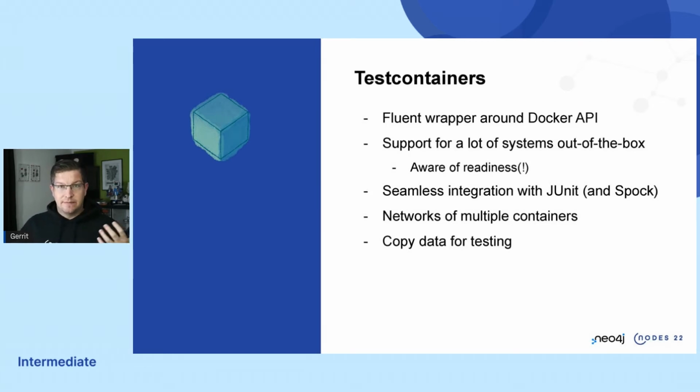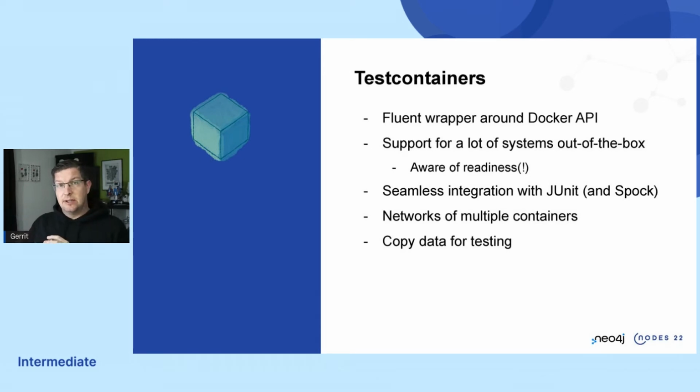And because we speak about testing and the library is called Testcontainers, it has a seamless integration with JUnit also. That makes it really easy to set up the tests. If you have, for example, Kafka, etc., in your setup, you can create networks easily with Testcontainers and then do an overall readiness check.